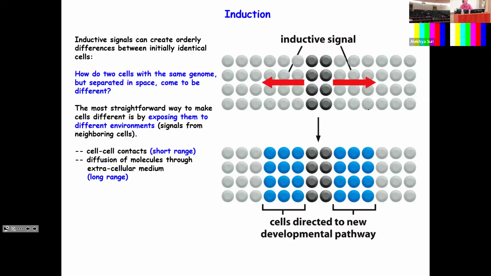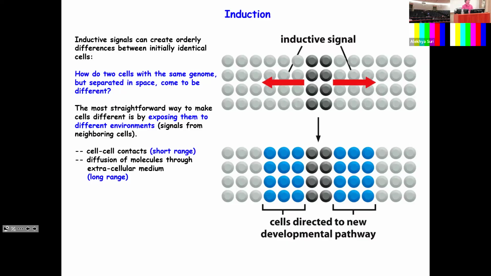So in induction, you have, for example, the notochord, just to mention one inductive tissue, that will secrete factors that go right and left and will induce, these are inductive signals, and will produce different cell types here because of the environment, because of these producer cells, okay?